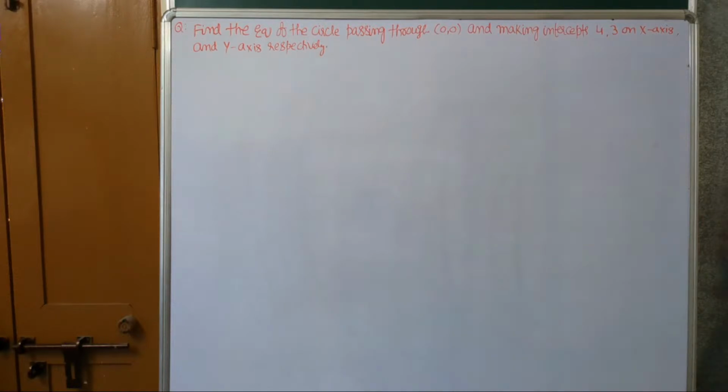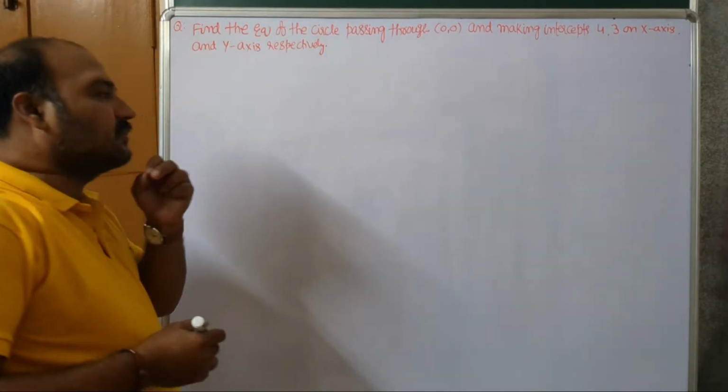So find the equation of the circle passing through the origin and making intercepts 4, 3 on the x-axis and y-axis.